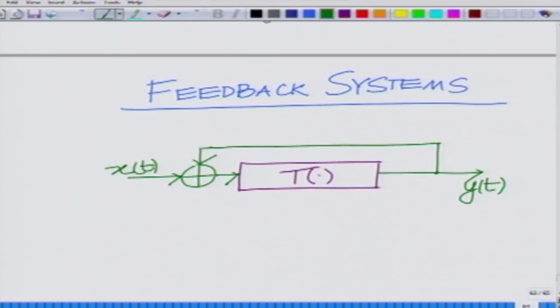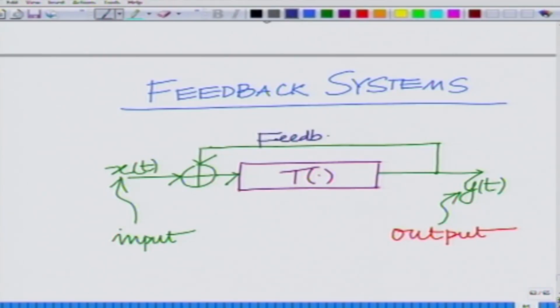I feed it back to the input. So this is the input, this is your y(t), the output, and this is basically your feedback loop.